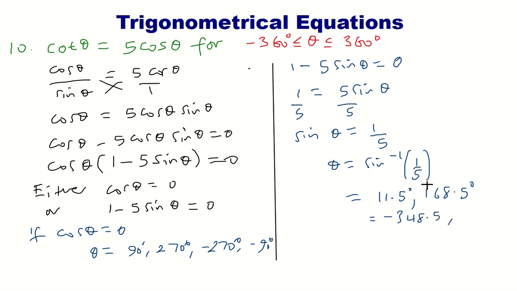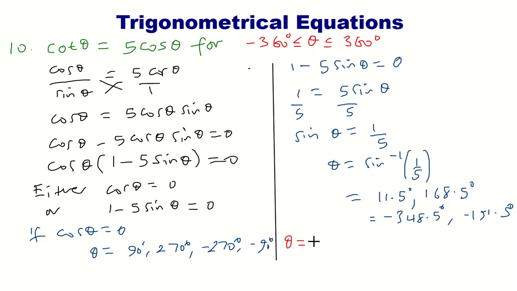If we continue subtracting, it will go beyond the expected limit, negative 700 and so on, which is bigger than the limit. So we just leave it here. Then 168.5 minus 360 gives us negative 191.5 degrees. When we continue to subtract, it will be bigger than the expected limit.